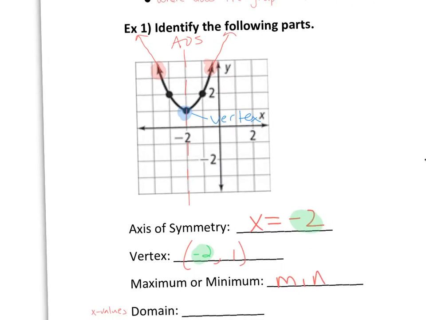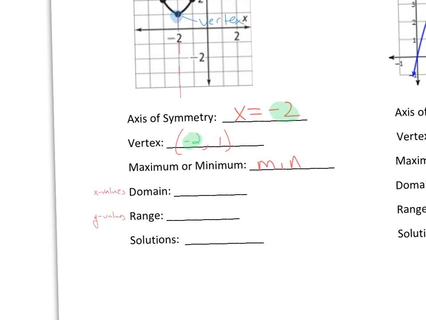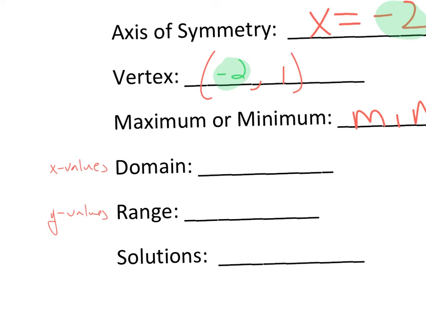So when I'm looking at my domain, my X values, what X values have been graphed? Well, eventually everything gets graphed because this parabola just keeps going on forever in both ways. So this one's kind of fun because it's going to be the same answer every time. Your domain is always going to be all reals. All numbers will get graphed at some point on that x-axis.